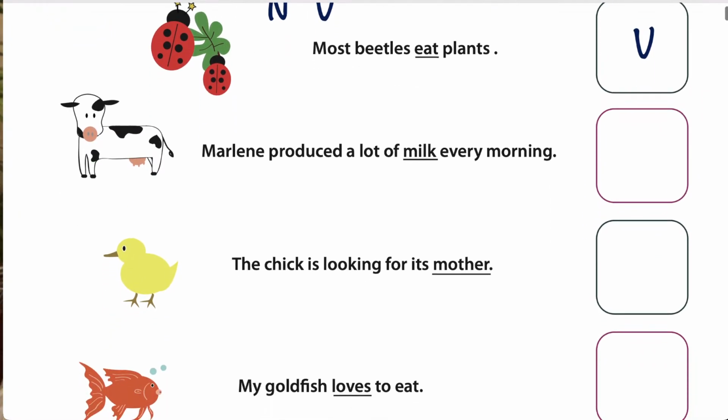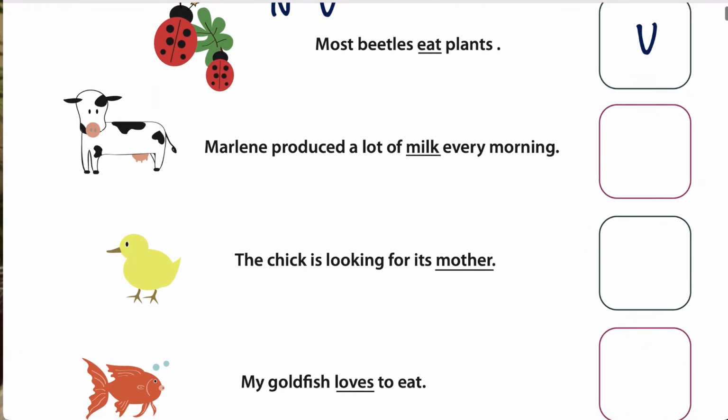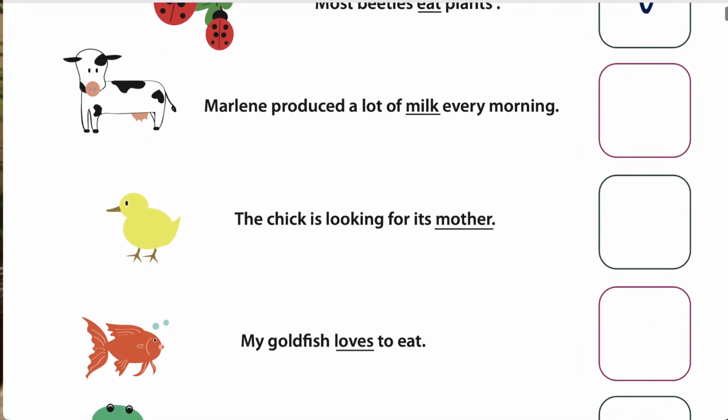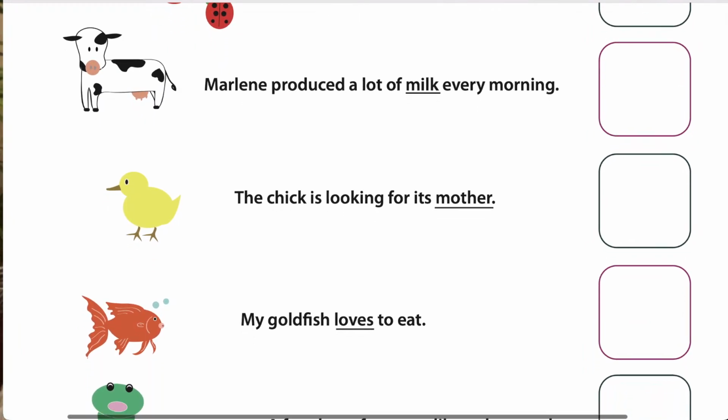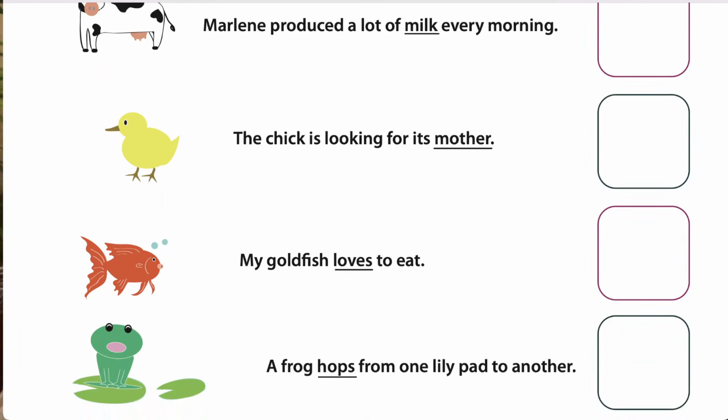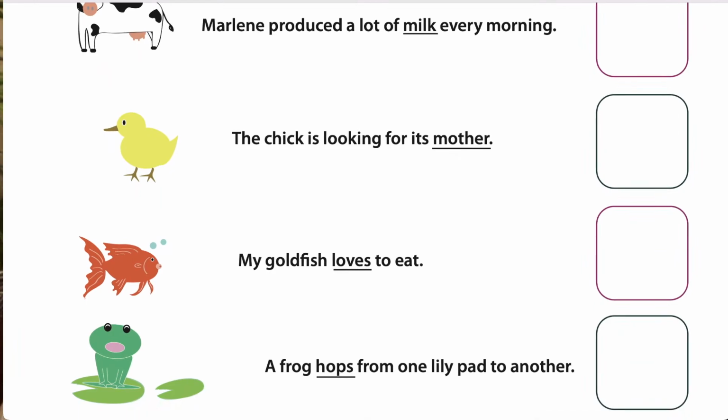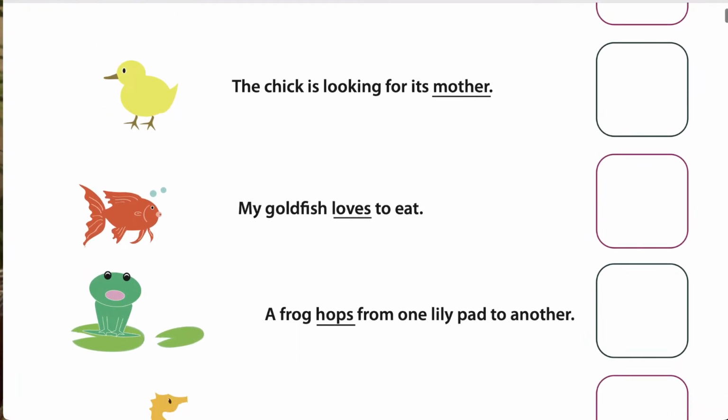as appropriate. Marlene produced a lot of milk every morning. You might look for other things like prepositional phrases, and then that helps you also know noun or verb. The chick is looking for its mother. What is mother? My goldfish loves to eat. What is loves? A frog hops from one lily pad to another.